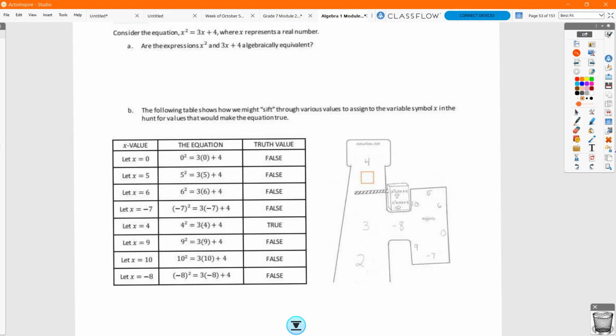No, we can't. So no, not happening. These algebraic expressions are not equivalent to each other.